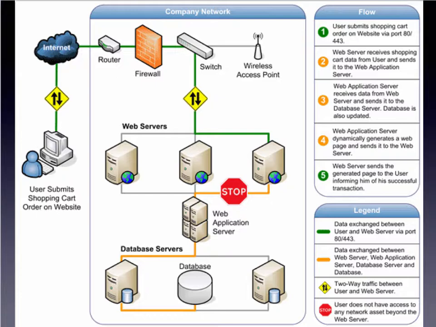This is a typical implementation, and usually the web servers in a case like this would reside in a demilitarized zone where the user can access the web servers but is blocked from getting any further than the web servers.